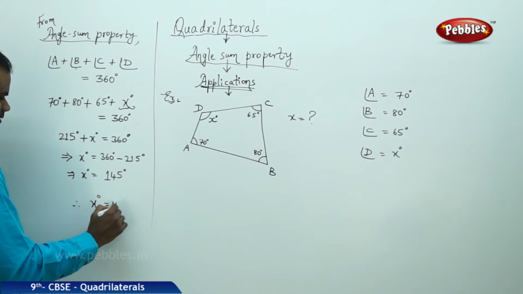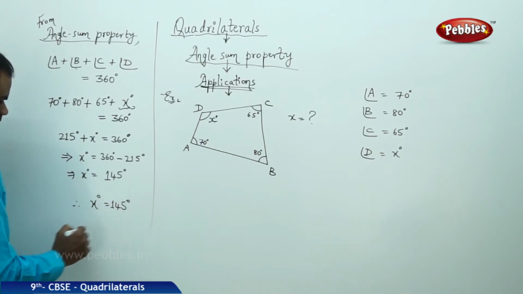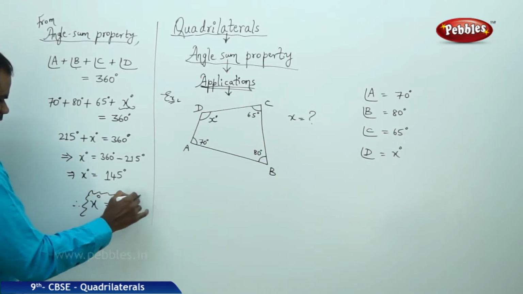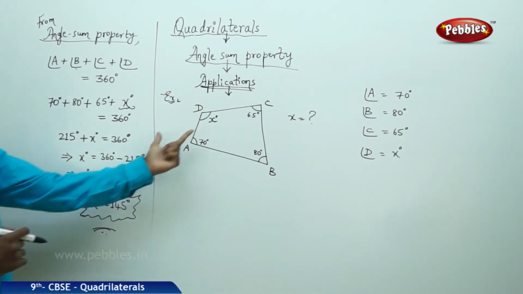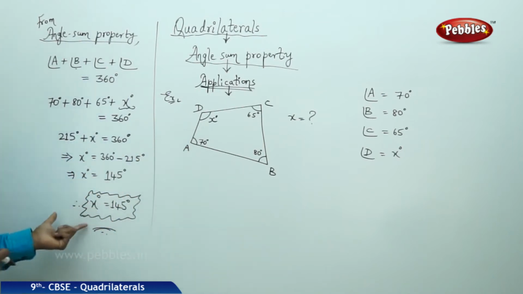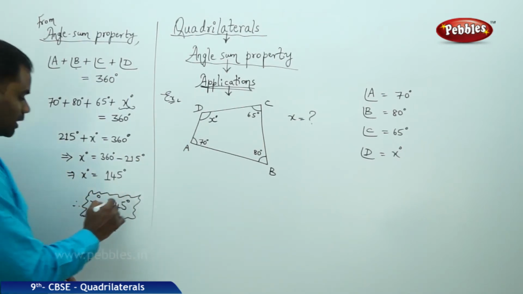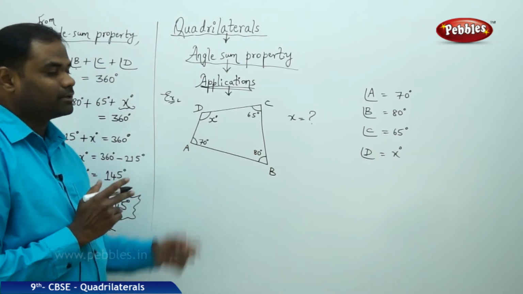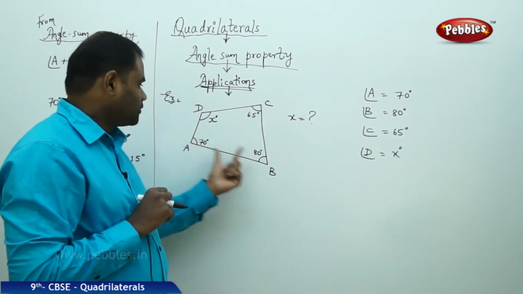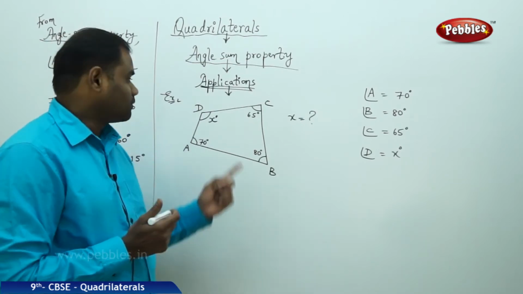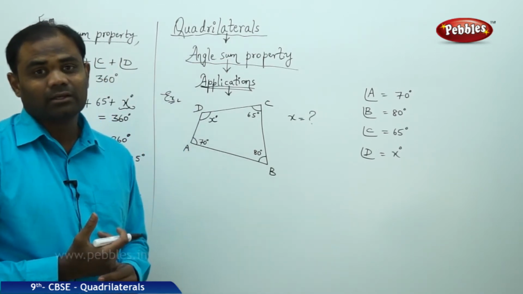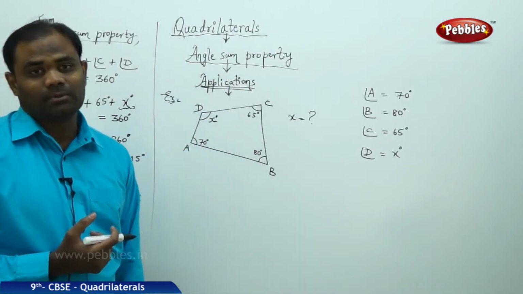Therefore, my x is this, is what I get in terms of the angle sum property. So when simplified through each of the angles substituted, I get my x, that is my fourth angle, which is 145 degrees. So given the three angles in a quadrilateral ABCD, I can find the fourth or the unknown angle using the angle sum property.